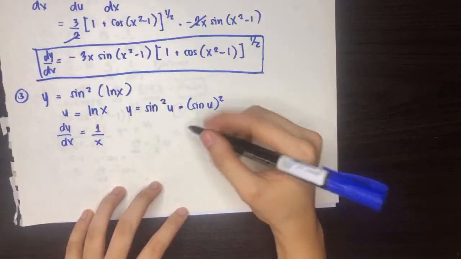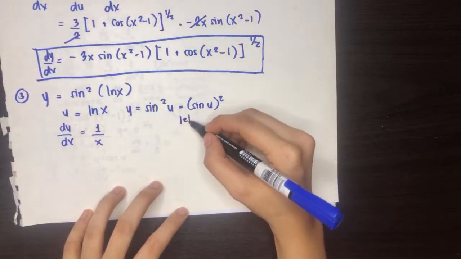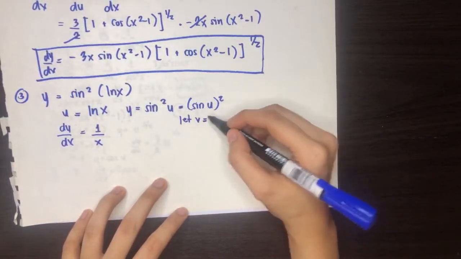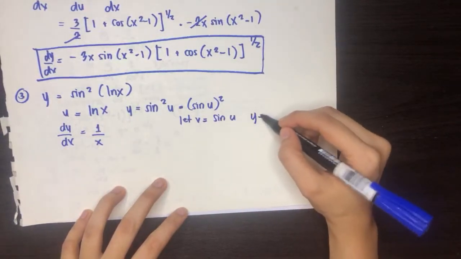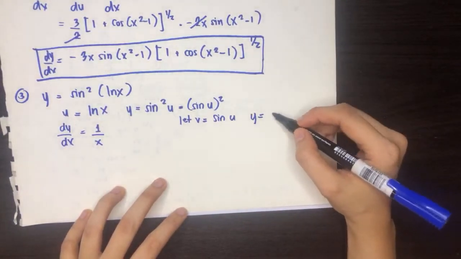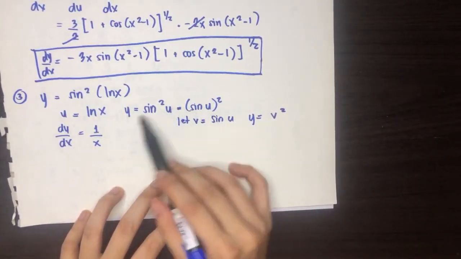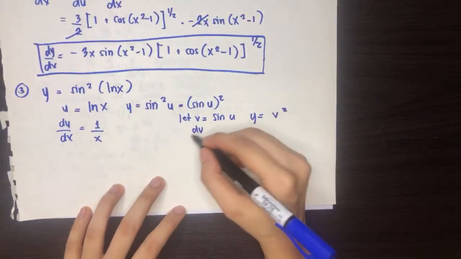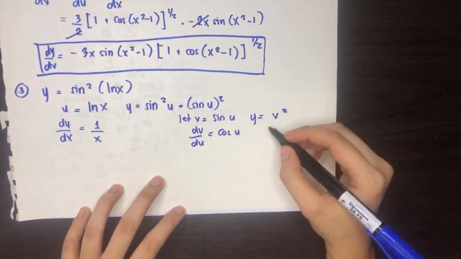So, for this function, let v equal sine u and my y is equal to v squared. Kasi ito. And then, kunin ko lang ulit yung derivative. Cosine u.